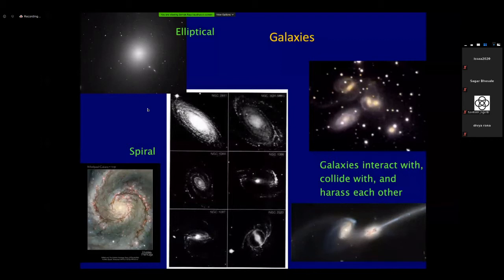The stars themselves, if they had planetary systems around them, or if they had features on the stars themselves, we wouldn't be able to resolve them because they would be blurred by the atmosphere. So these are pictures taken from ground-based telescopes, other than this one, which is a space-based telescope, a Hubble Space Telescope picture.